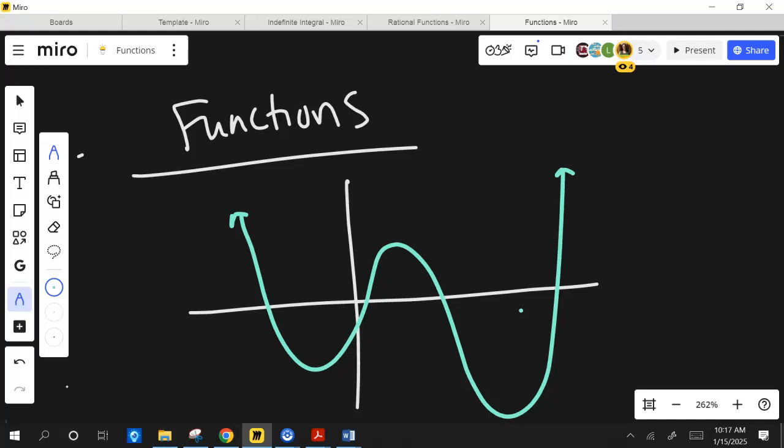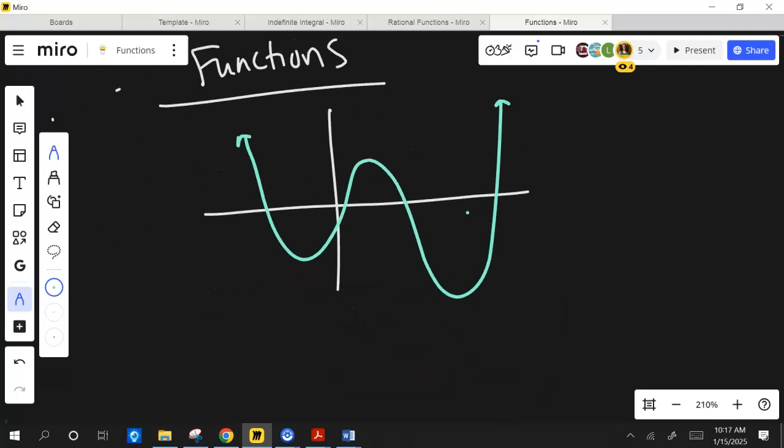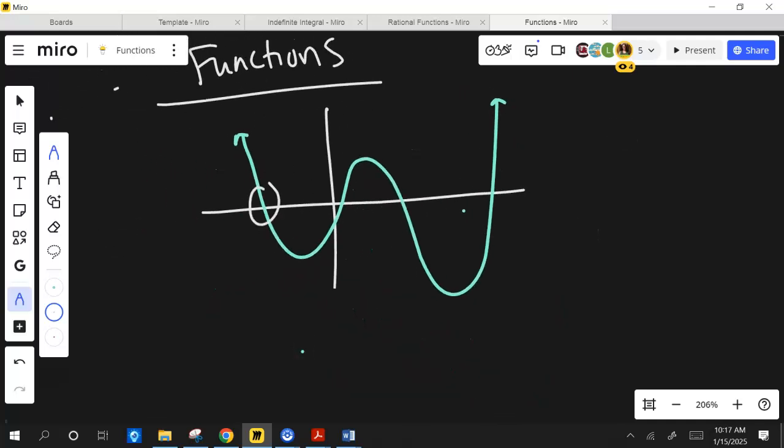Give me some of the traits. For these, these are called what? X-intercepts. Give me another word for this. Zeros. Good job. Zeros are the same thing as X-intercepts.